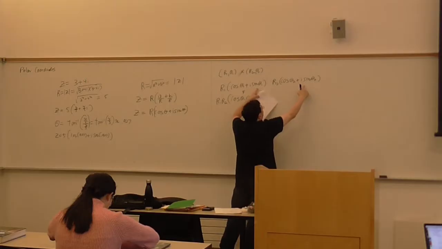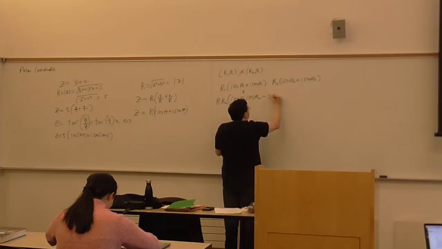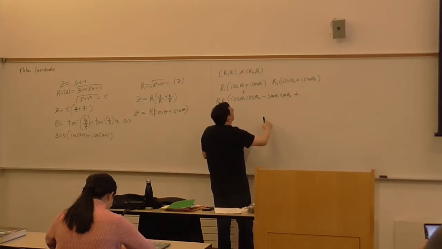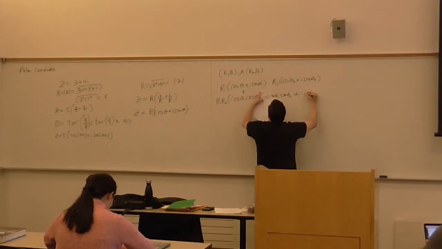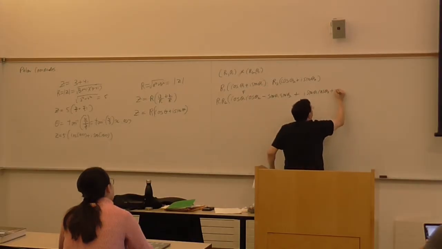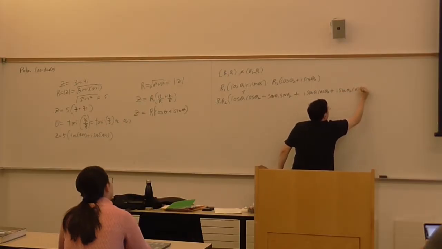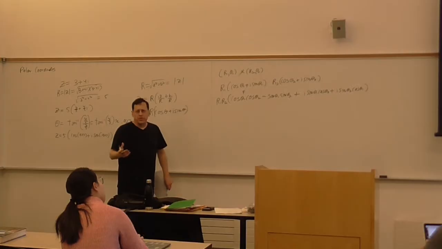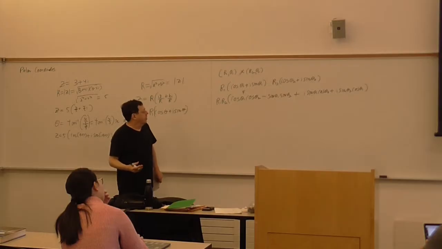The lasts are i sine theta 1, i sine theta 2, but the i's become minus 1, so minus sine theta 1 sine theta 2. And then what do we have? We have i times sine theta 1 cosine theta 2 plus i sine theta 2 cosine theta 1. But this ugly thing is going to collapse very nicely.